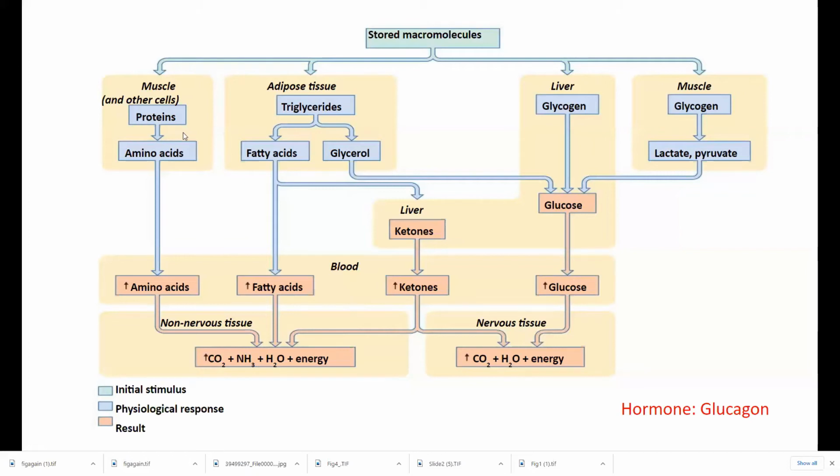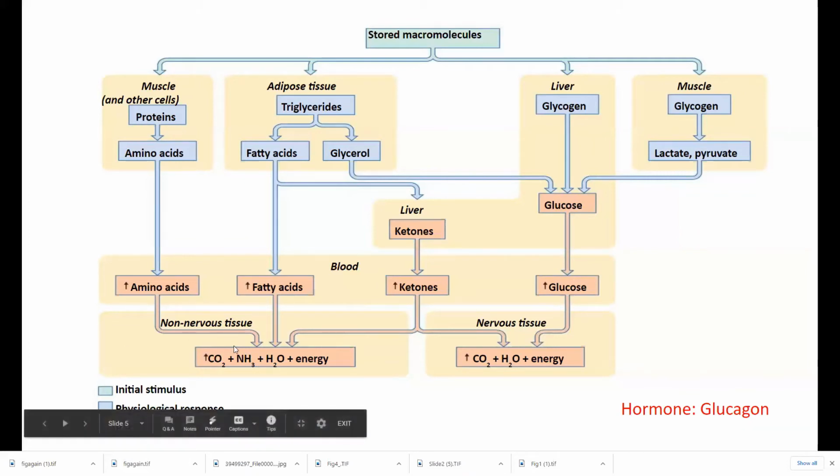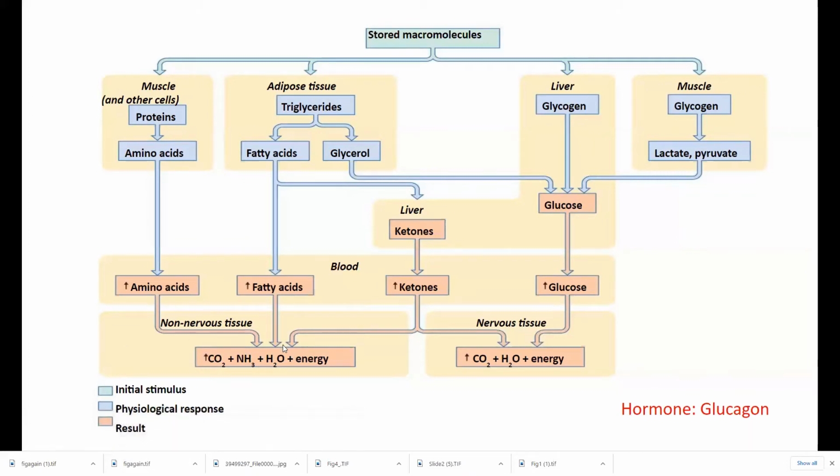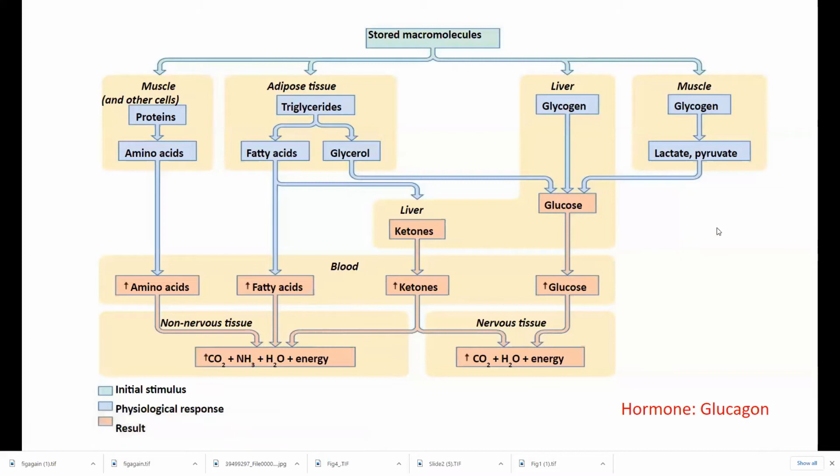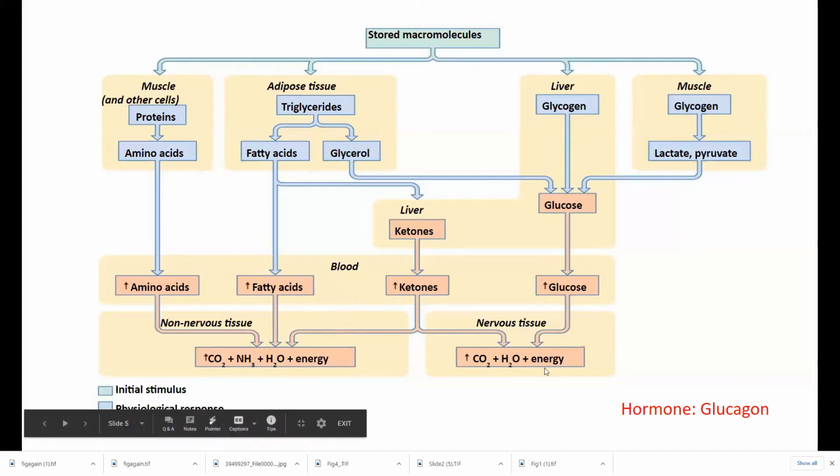Sometimes we're also breaking down proteins into amino acids and using that for energy in non-nervous tissue. So non-nervous tissue can use a bunch of different sources for energy, and we saw that briefly during our metabolism unit when we saw basically how these different types of molecules hop in to our basic cellular respiration machinery at different points, but we're saving glucose for the nervous tissue.